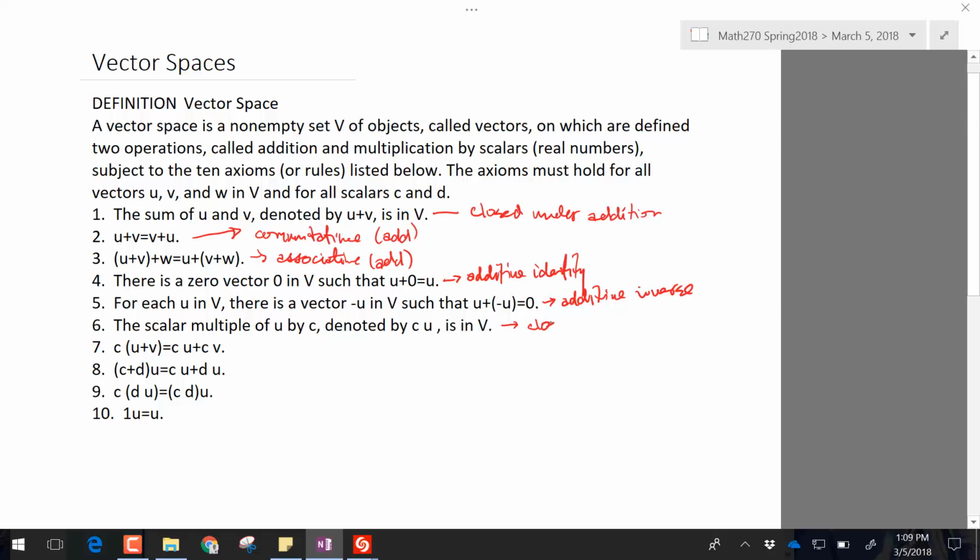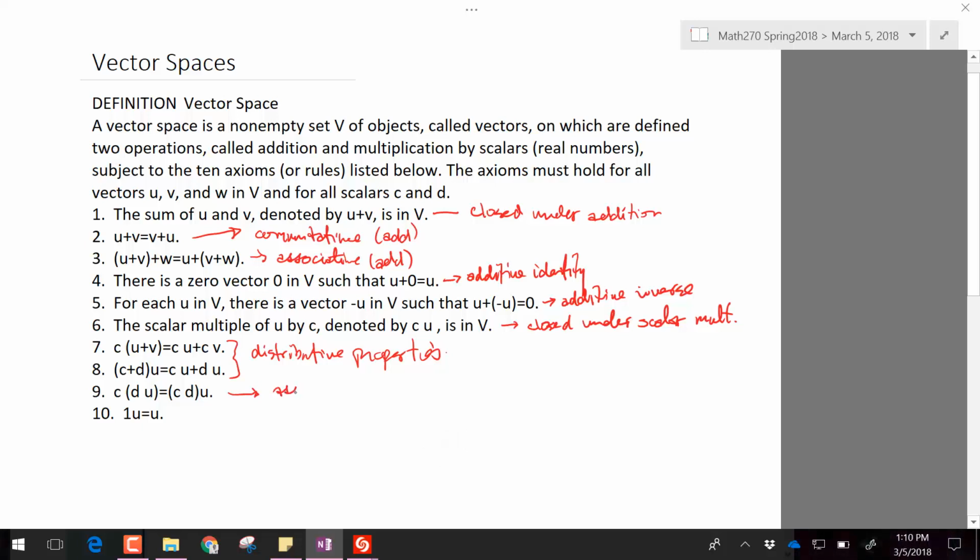This is a closure again, closed under scalar multiplication. And then there's a couple of distributive properties that are involved here. And then there's an associative property.